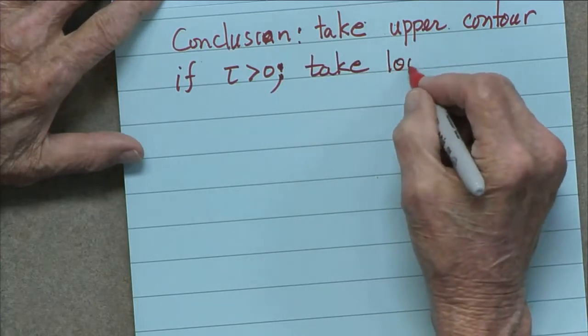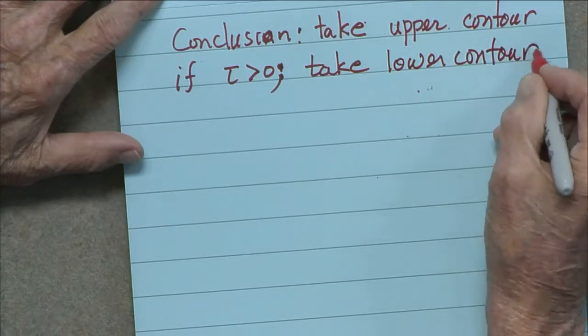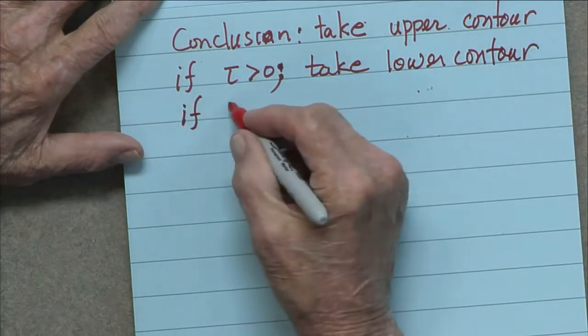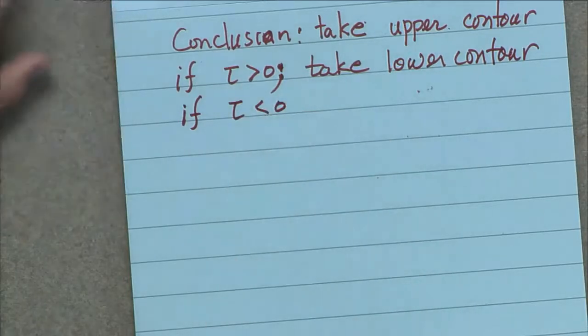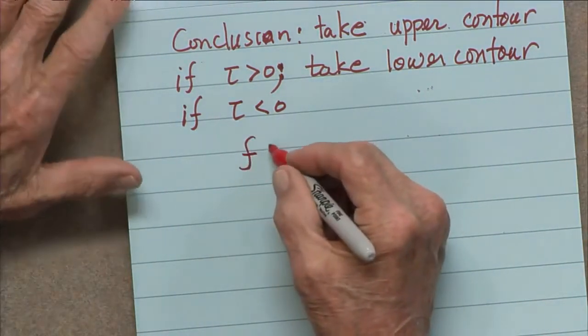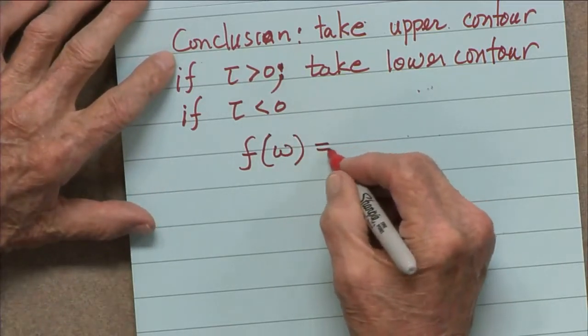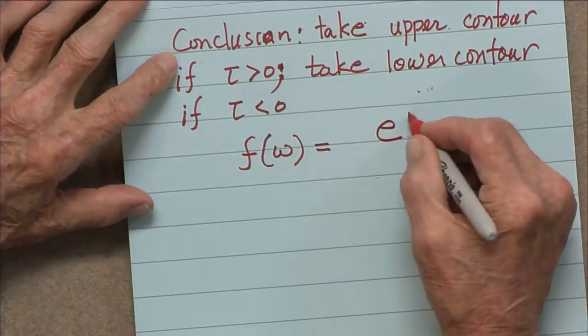Take the lower contour if tau's less than 0. That's the bottom line.